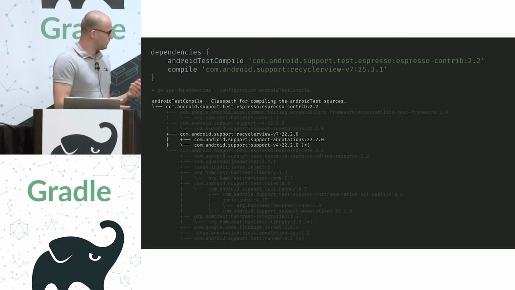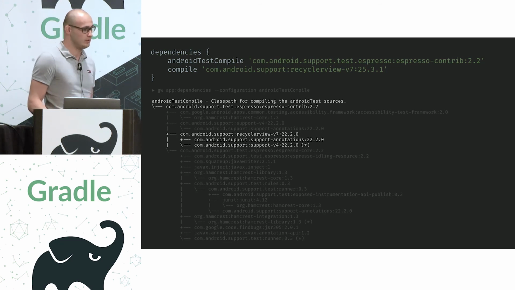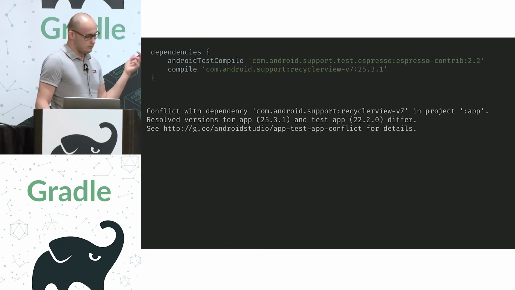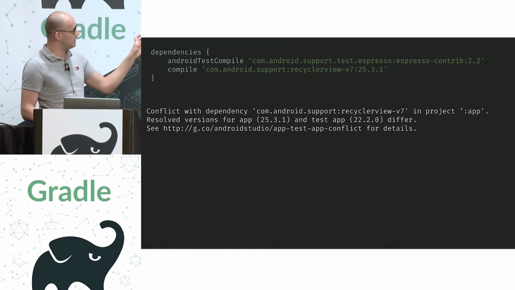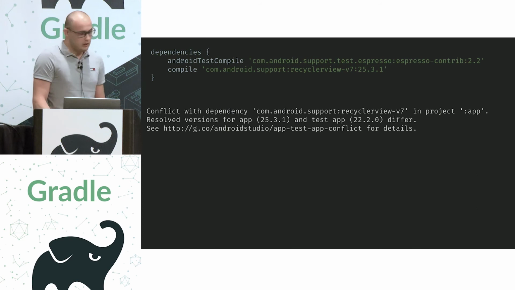And you know, if you remember what I said about the transitive dependency resolution and the versions, you would say, okay, then Gradle will say, let's use 25.3.1 because it's the most recent one. But it won't. It will fail because we have versions for app and desktop different. So what's going on? Why doesn't it just pull the most recent one?